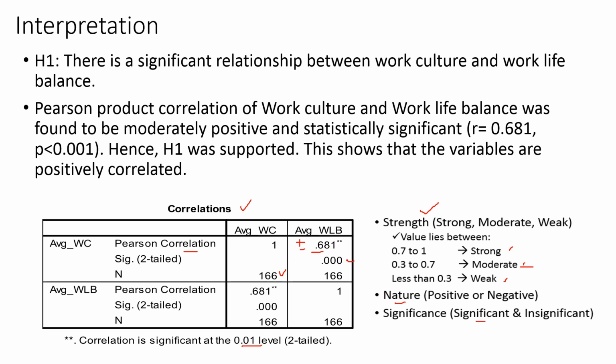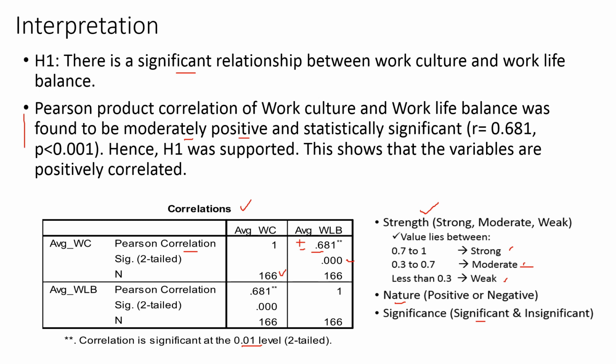There is a significant relationship between work culture and work-life balance. So this is the way we have to interpret it. Pearson product correlation of work culture and work-life balance was found to be moderately positive. So this is moderate and it is positive. So moderately positive and statistically significant. That's all.